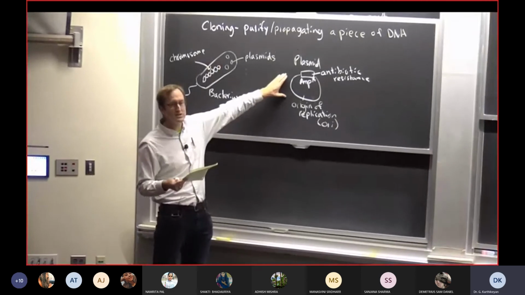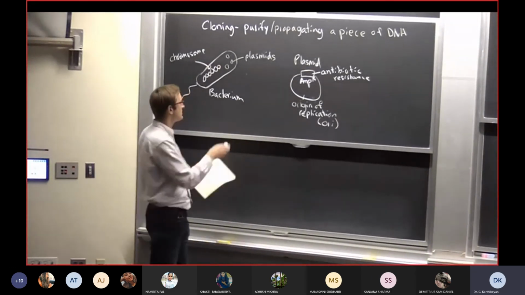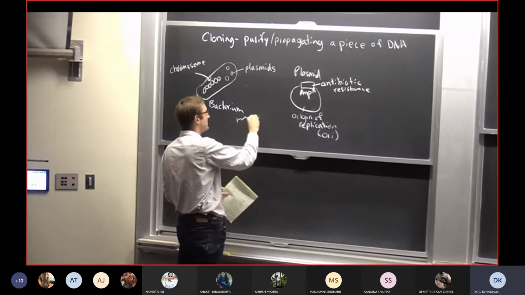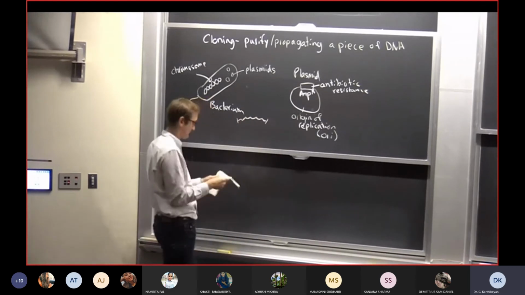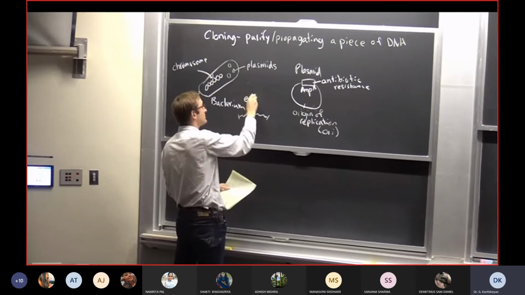And we can take advantage of this plasmid system in bacteria because we could take, let's say, a piece of foreign DNA, and this foreign DNA could be of eukaryotic origin.